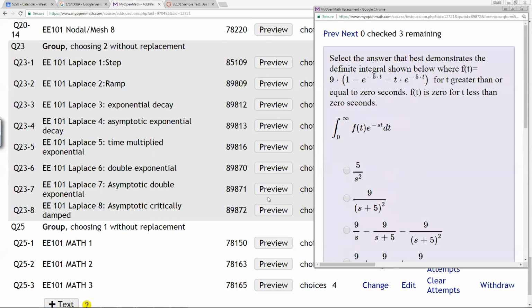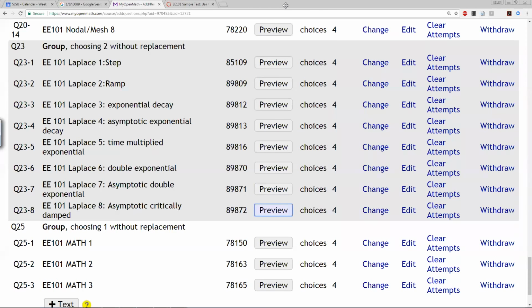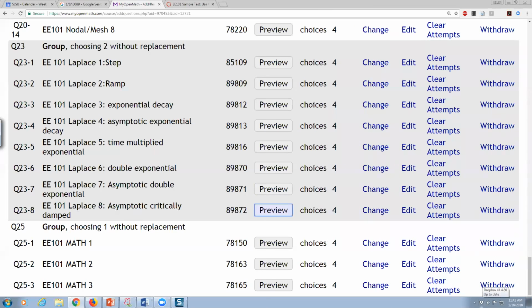Yeah, I guess this one's the hardest one because you have to do the Laplace transform of a constant, an exponential decay, and then this ramp-like thing, which needs integration by parts. I think I have time for one more question.